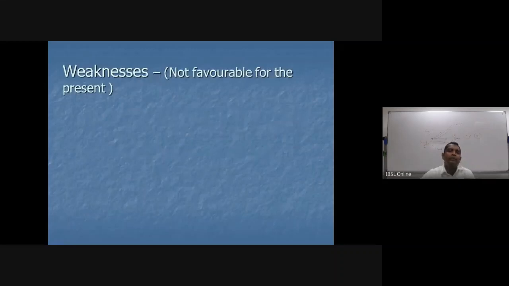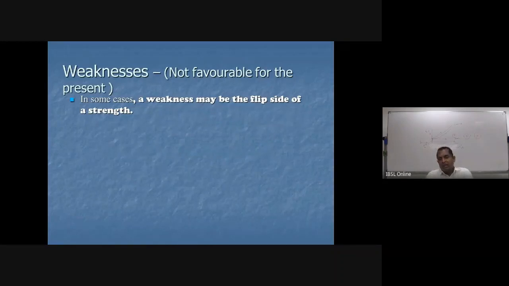Not favorable for the present. Weakness may be the flip side of a strength. Yes, I have very good, capable, experienced and qualified staff. Weakness is what? Your salary cost may be very high compared to industry.